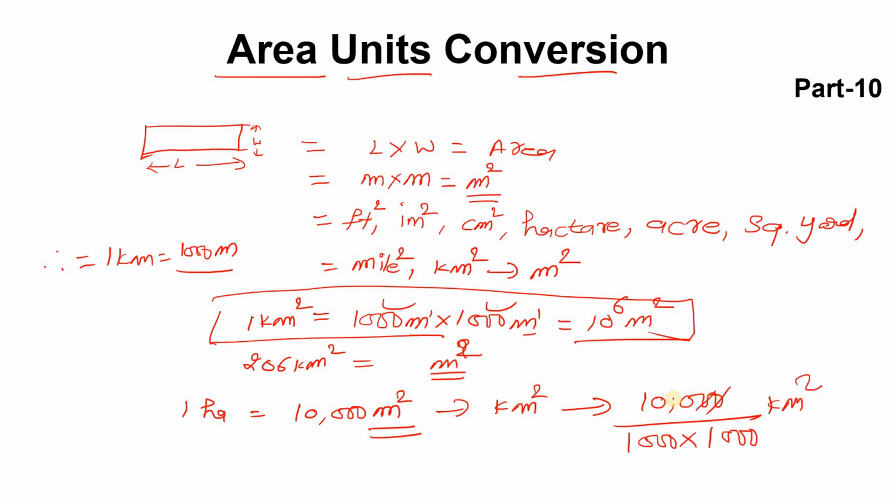So 1 hectare will be 1 divided by 100, which is equal to 0.01 kilometer square. That's how you must know how to convert one unit into another unit.